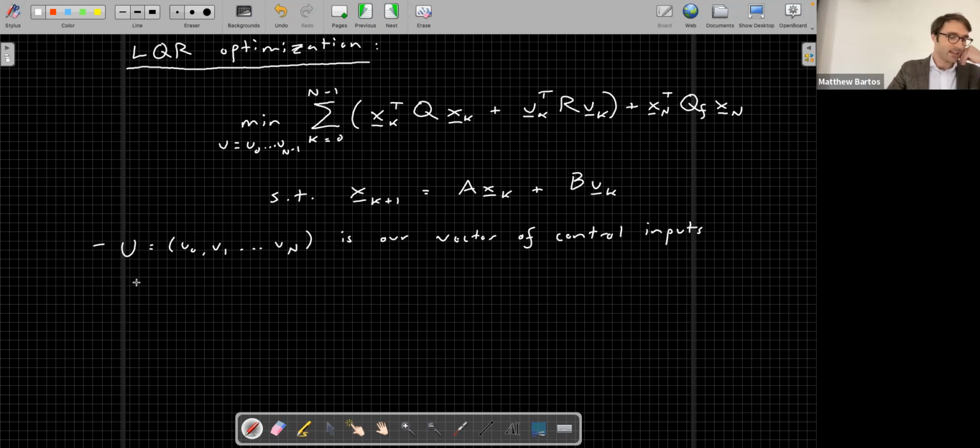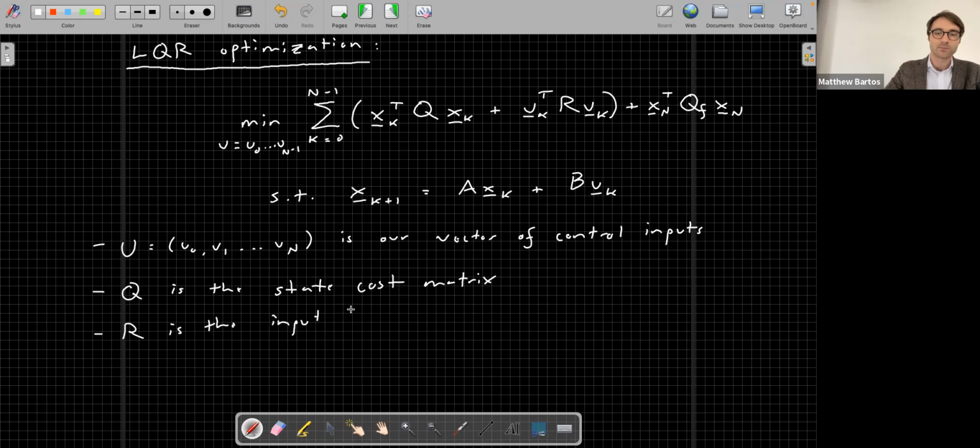We have that Q is what's called the state cost. So I'll say Q is the state cost weighting matrix. So I'll just say state cost matrix. R is the input cost matrix.